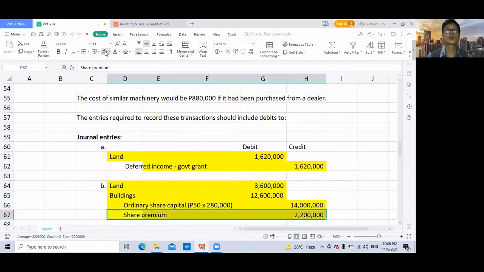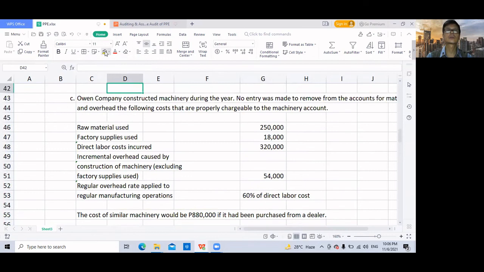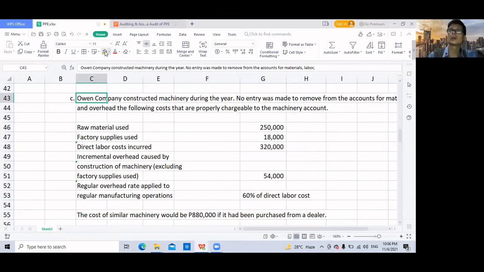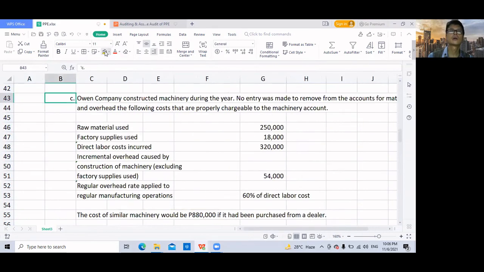Yeah. Okay, so the next one, letter C. So let's go back again here. So Owen Company constructed machinery during the year. No entry was made to remove from the accounts for labor, material labor, and overhead the following costs that are properly chargeable to the machinery account.